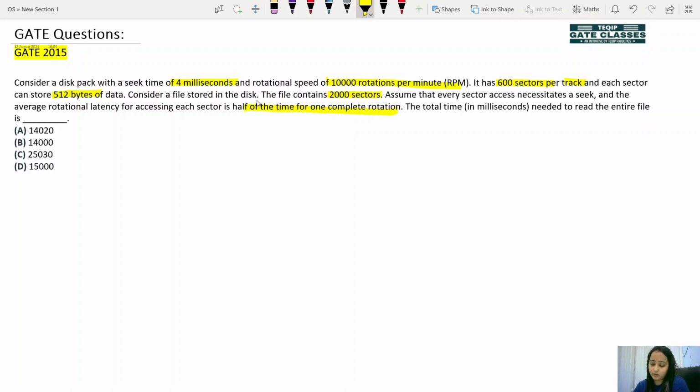So let me write. Here the seek time is given. What is the seek time? 4 milliseconds. Revolutions per minute: how many are given? 10,000 rotations in 1 minute, that is 60 seconds.